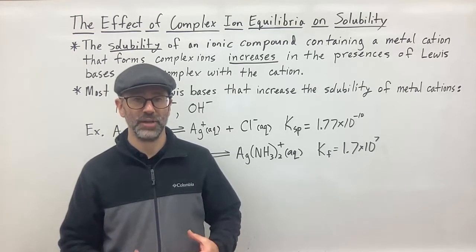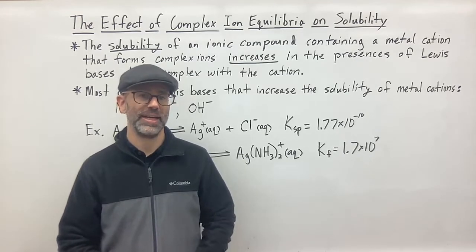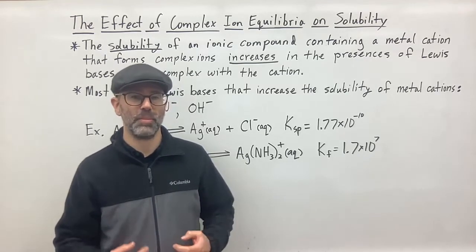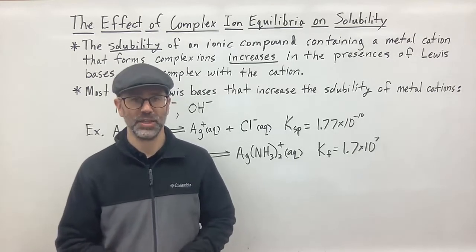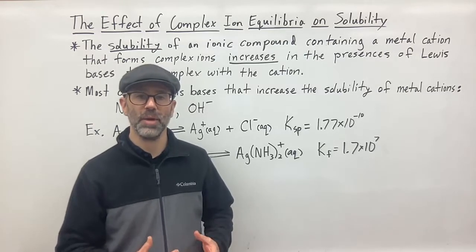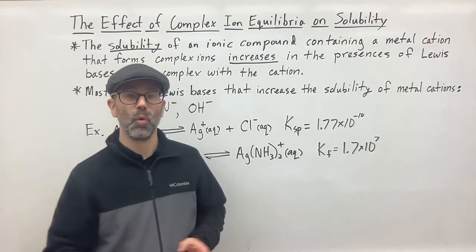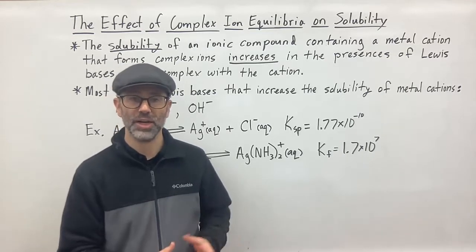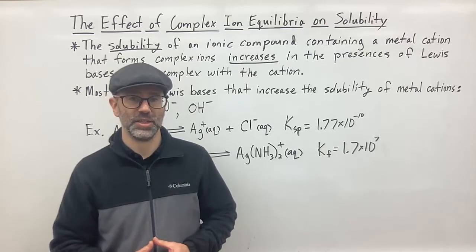If you have a basic ionic compound, then lowering the pH can get it to dissolve more, because the H plus ions or hydronium ions are reacting with the hydroxide ions, and therefore it's driving the dissolution towards producing more of the hydroxide ion in solution according to Le Chatelier's principle.